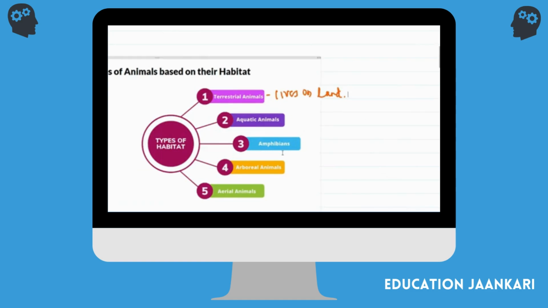Okay, that's correct. So all those animals which live on the land are the terrestrial animals, right? Yes. All these terrestrial animals have some specific features which help them to stay on the land.